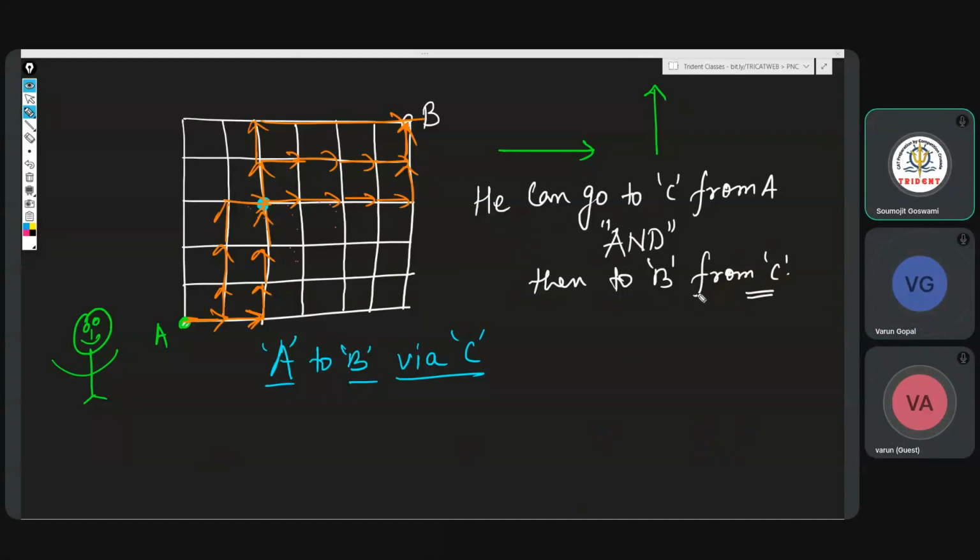Is this information helping you? If you have understood, please consider these as two separate questions, one like this and the other like this, and both of them are joined by this 'and'.